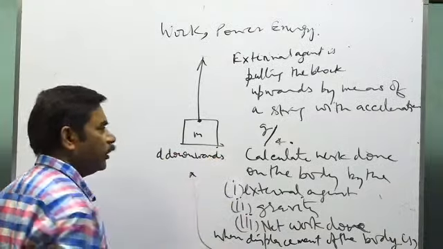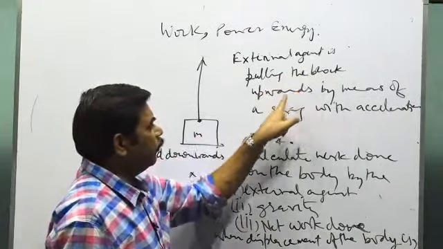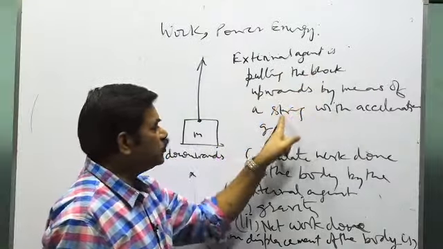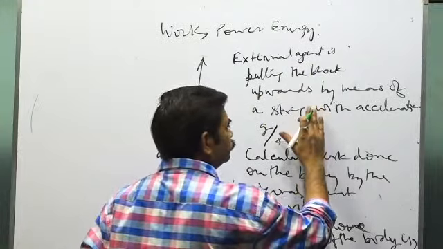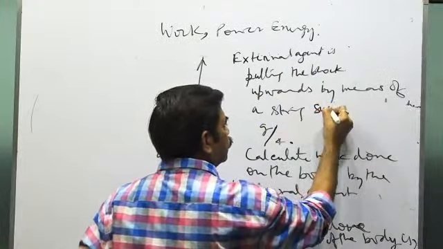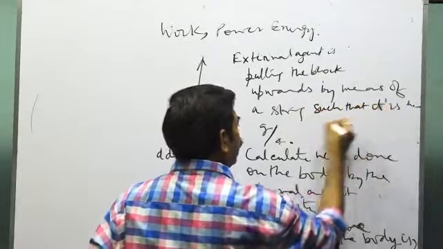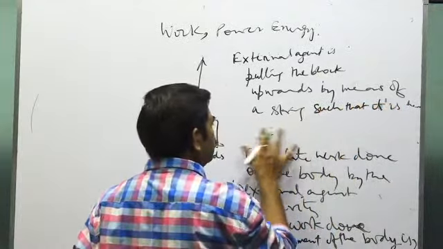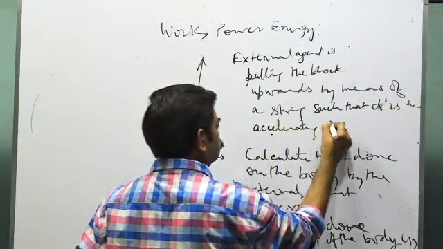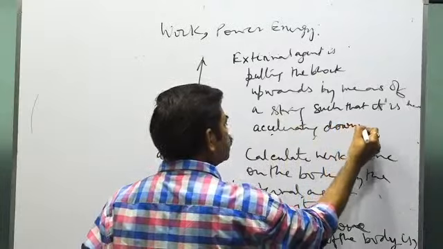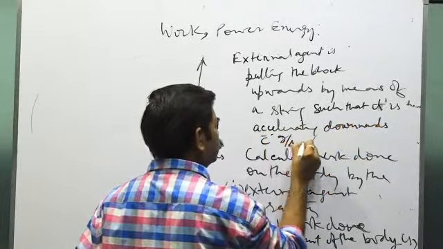downwards. I slightly correct the question. External agent is pulling the block upwards by means of a string such that it is accelerating downwards with g/4.